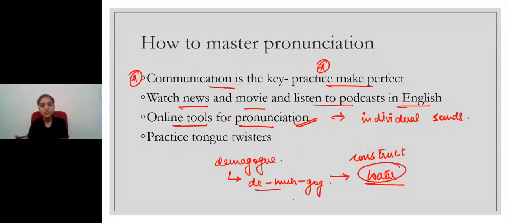So just Google the pronunciation of a word to learn it. Unless and until you make efforts yourself, you will not be able to add to your already existing knowledge. So this is one tip or one trick that you can use.